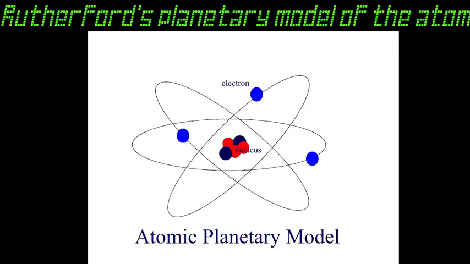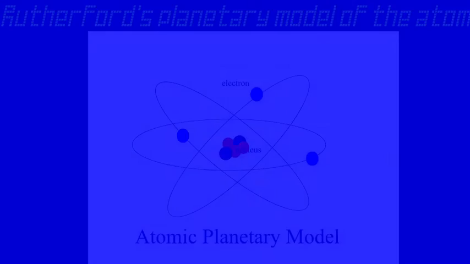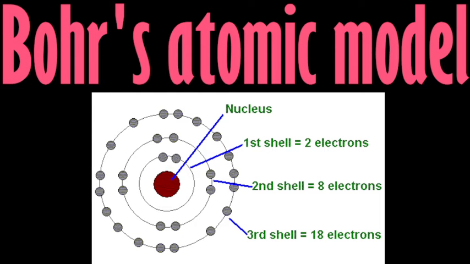Now, Bohr's atomic model, or the Rutherford-Bohr model. Niels Bohr, a Danish physicist, also worked under the guidance of J. J. Thomson. He agreed with the planetary model of the atom. However, he defined this model by stating that each electron would move only in a specific path around the nucleus called an orbit.